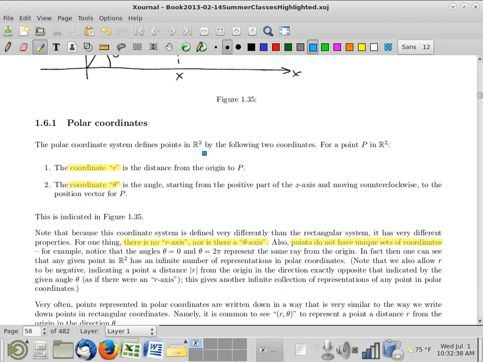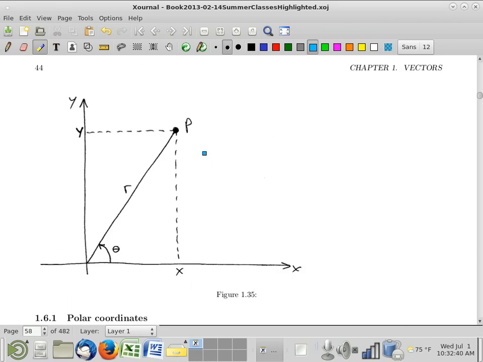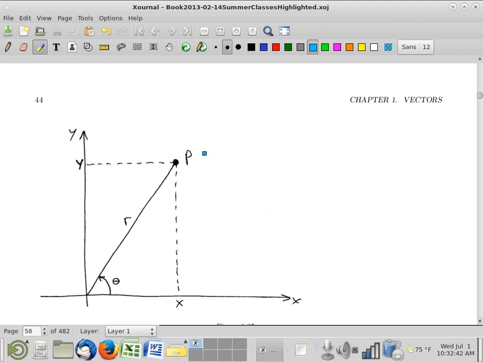Also awkward, where's the r-axis? There isn't really an r-axis on this picture, right? There's not really a theta axis either. One of the nice things about the x-y coordinate system is they have these axes, which are reference points, if only visual reference points, that help us keep track of where we are and what we're doing. Polar coordinates, weirder.